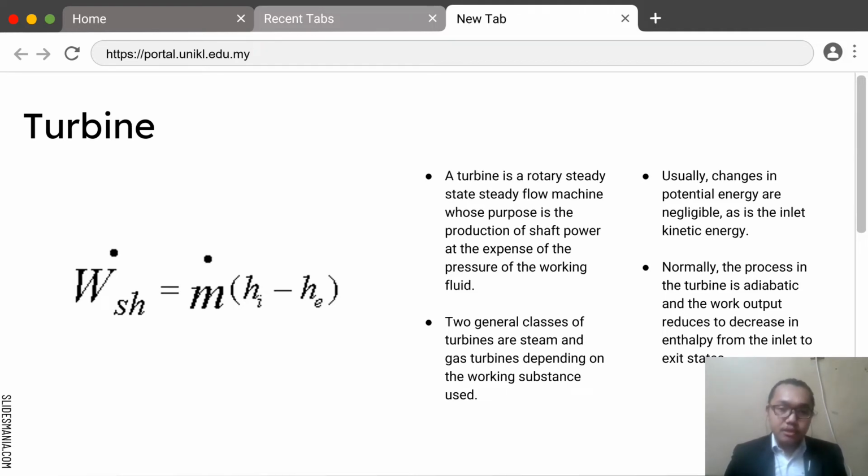Usually, changes in potential energy are negligible, as is the inlet kinetic energy. Often the exit kinetic energy is neglected, but if in a problem the flow velocities are specified, the kinetic energy term should be included. Normally, the process in the turbine is adiabatic and the work output reduces to the decrease in enthalpy from the inlet to the exit state.